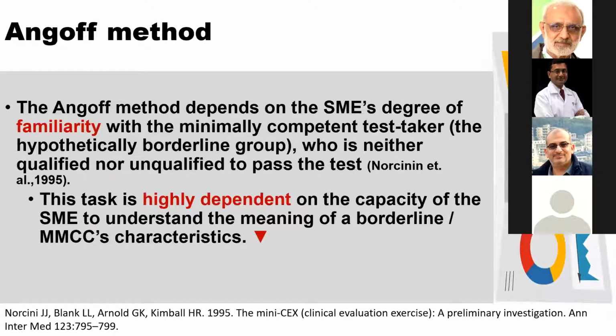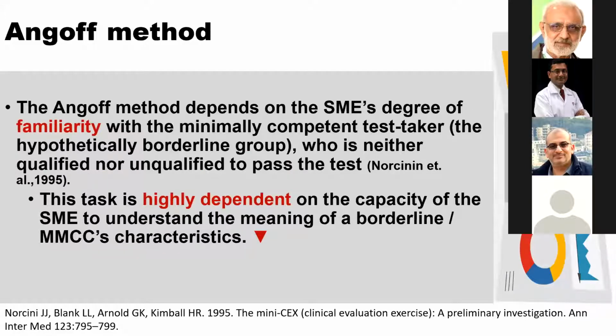The Angoff method depends on the SME's degree of familiarity with the minimally competent test taker, that is, the hypothetical borderline group, who is neither qualified nor unqualified to pass the test.